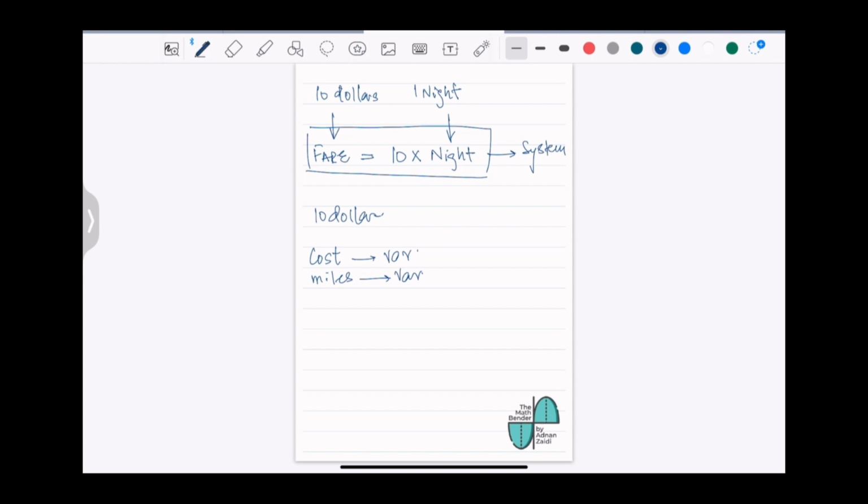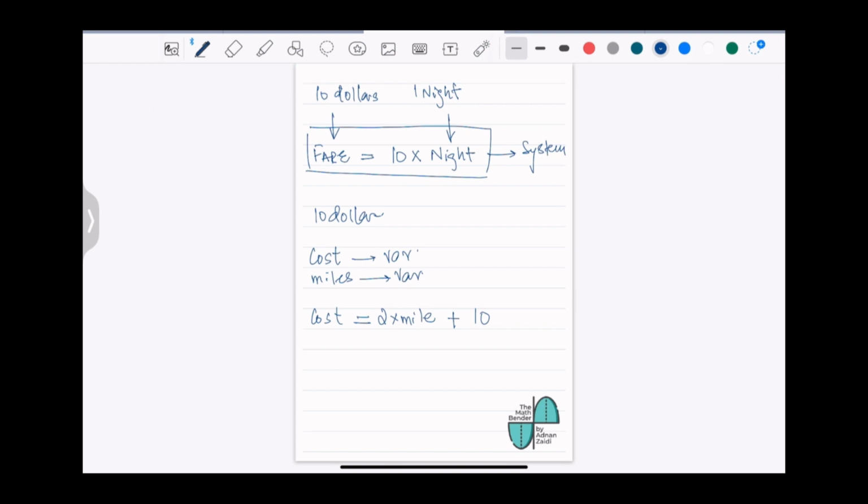So if you want to write this down as an equation, you can write the total cost of your travel as equal to 2 times each mile that you take plus $10.